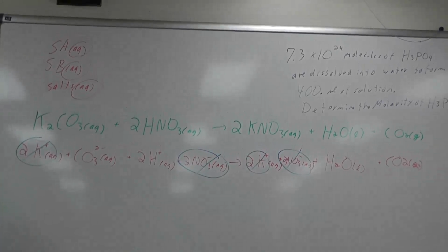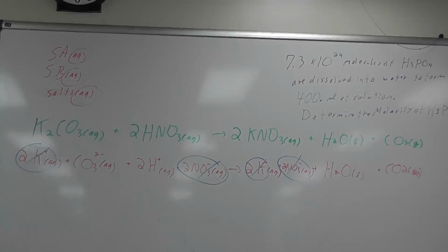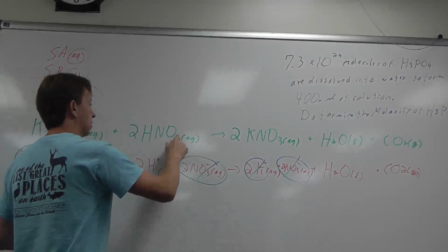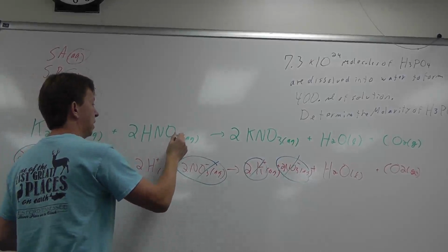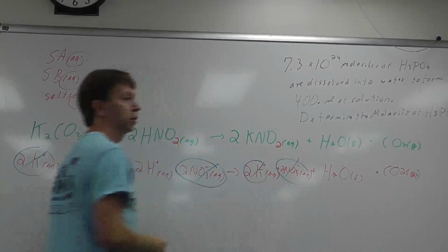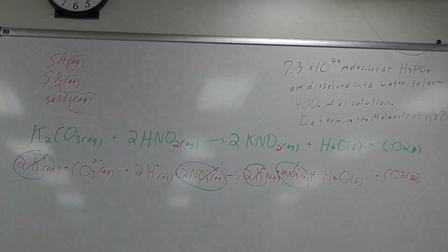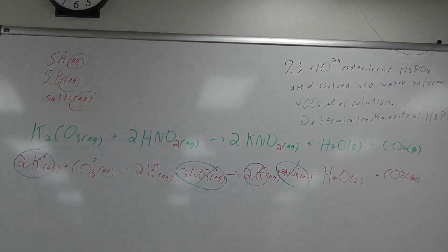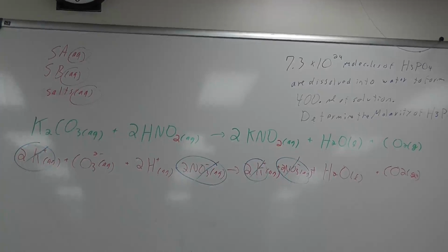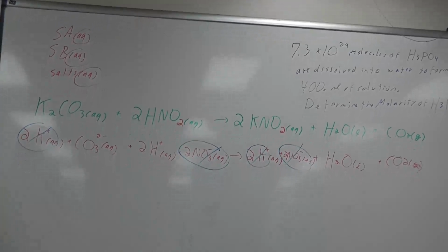One change here. What if, just for pretend, what if this had been HNO2 instead of HNO3? Would that change anything? It's going to change a lot, because now you're dealing with a weak acid, correct? And weak acids don't ionize completely.